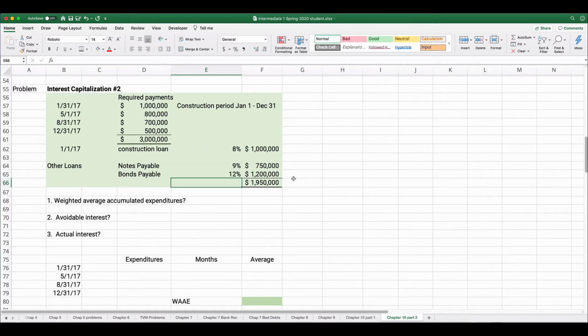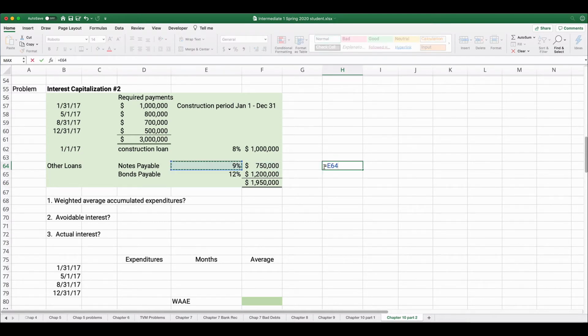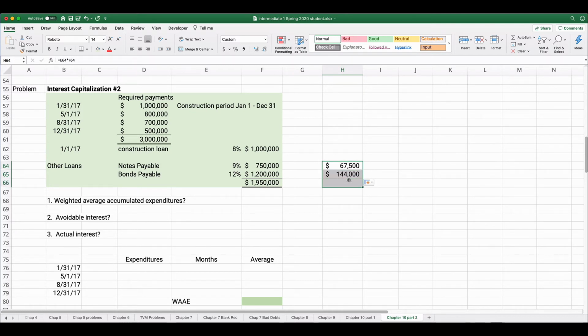All right, so one of the things we can do is calculate the average interest rate. So if we take the 9% times 750,000, and we take the 1.2 million times the 12%, and we add this up, then that means we'd have total interest of $211,500.